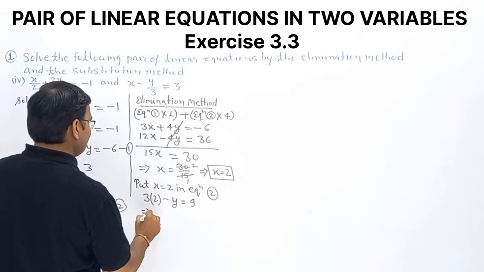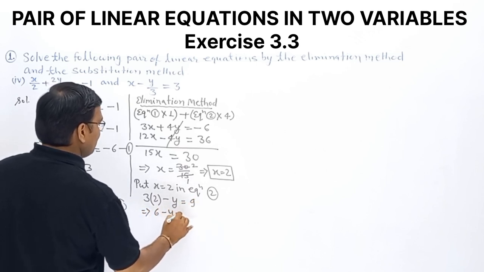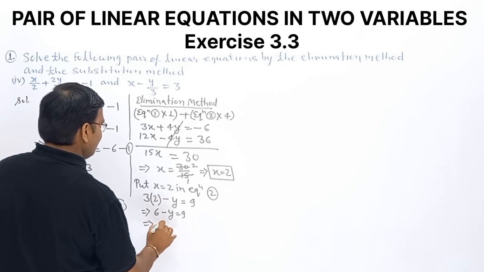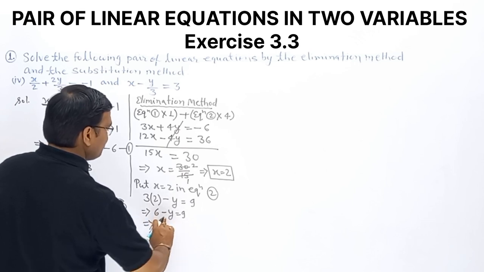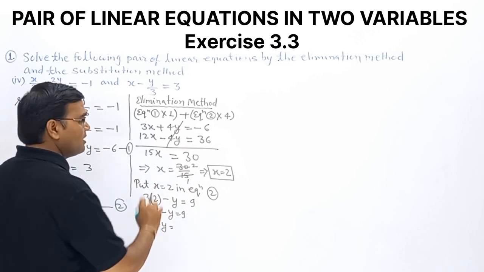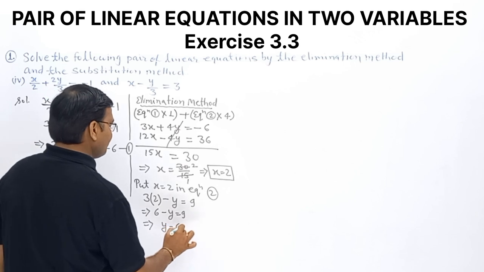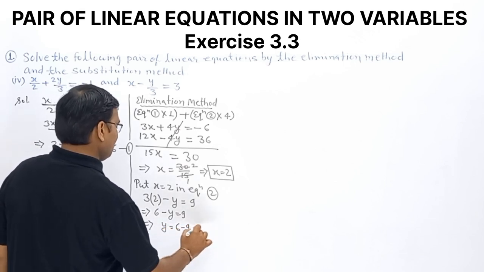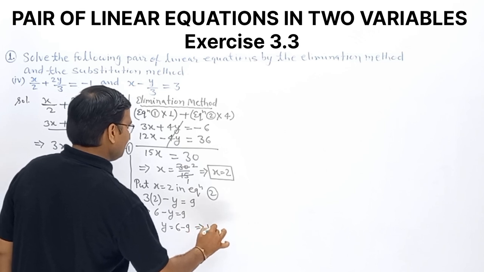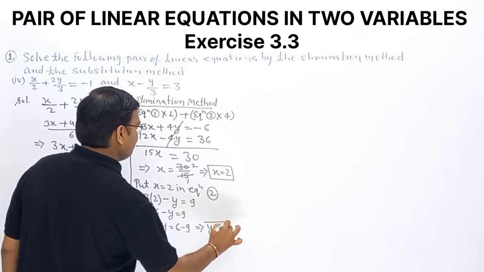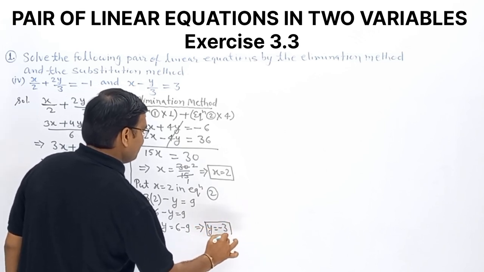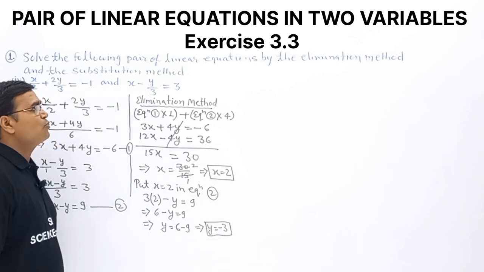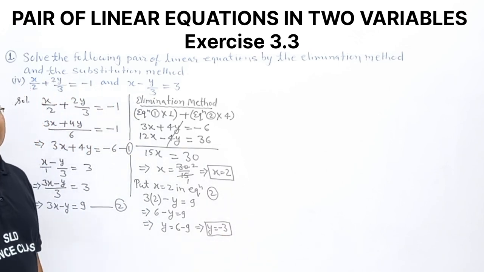Solve for y. 6 minus y equal to 9 implies y equal to... I am transposing this towards the right and this one towards the left: 6 minus 9. So what will be the result? Y equal to minus 3 we obtain. So by using the elimination method we obtained the solution of these two linear equations.